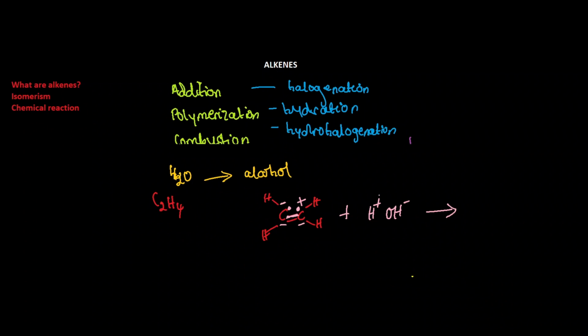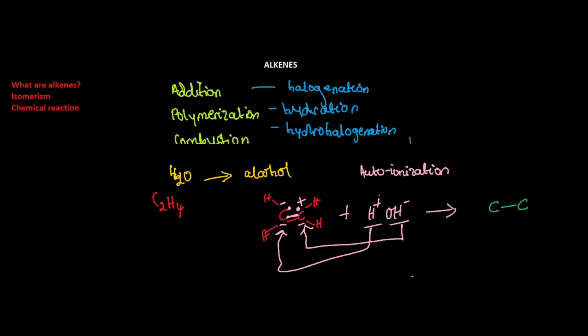Now what happens in this reaction is that water undergoes what we call autoprotolysis, or self-ionization, autoionization. So water in this case exists as ions, H plus and OH minus. The positive part of water is attracted to the negative carbon, and the OH minus is attracted to the positive carbon, and it forms an alcohol.